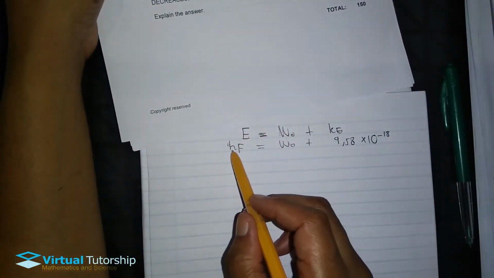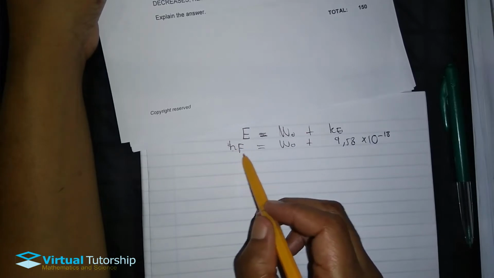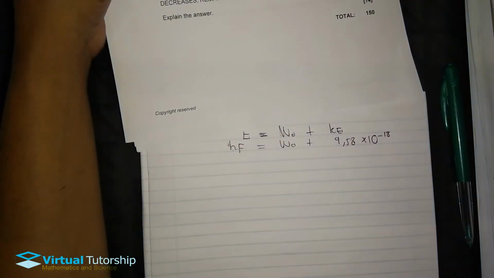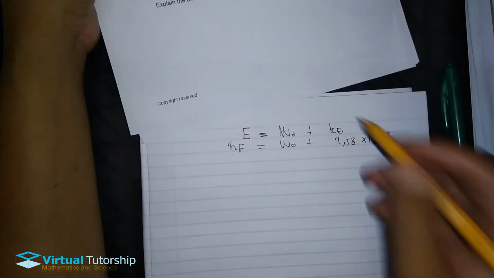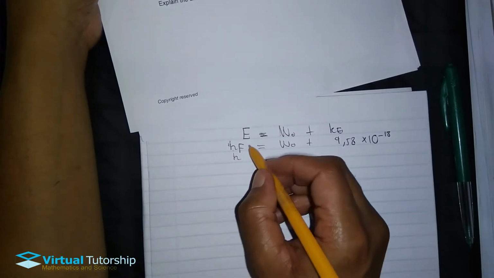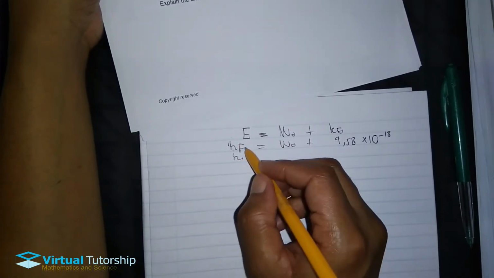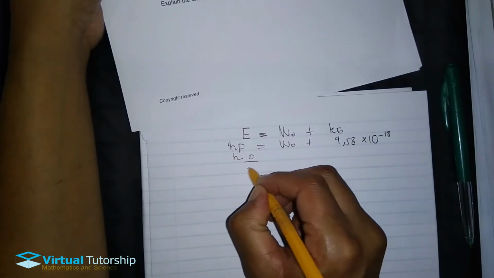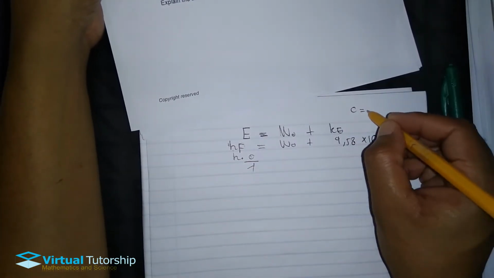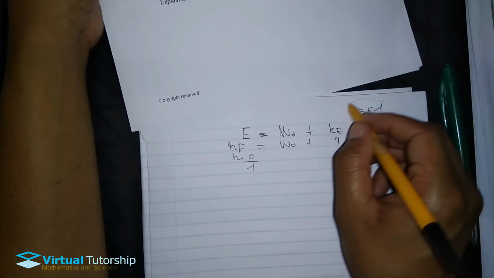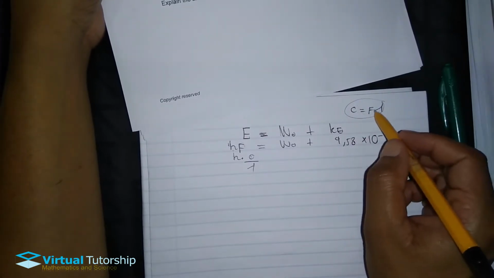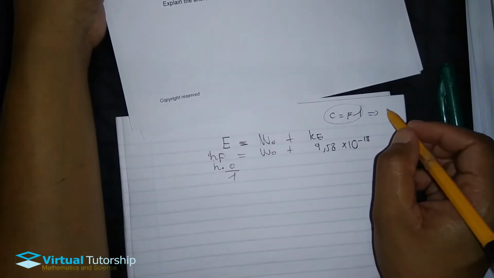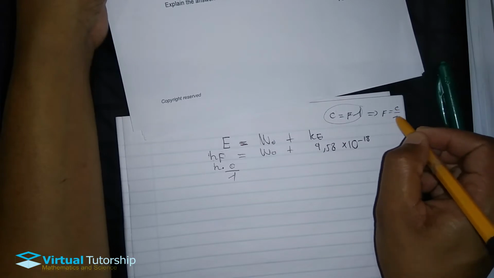We used the formula h times f, but since for ultraviolet light we are given the wavelength instead of the frequency, the formula must change. We represent f in terms of wavelength. There's a formula c equals frequency times wavelength. So if we make f the subject of the formula, frequency is equal to c over lambda.